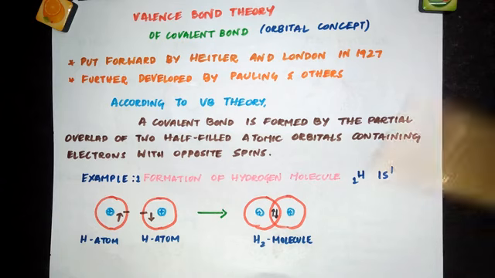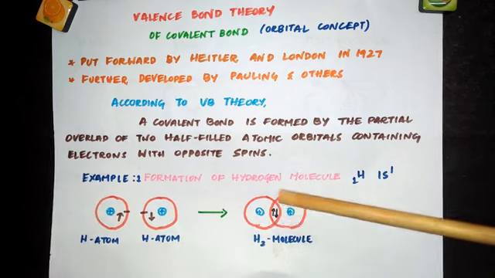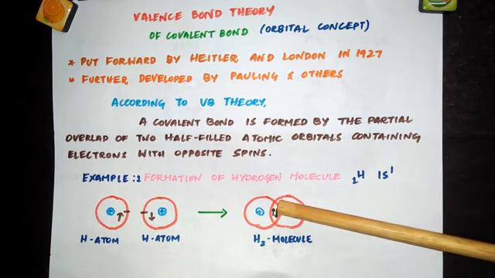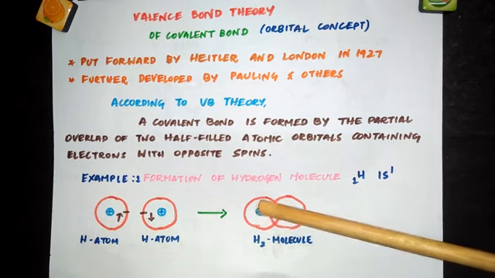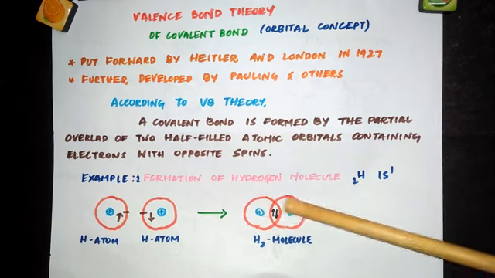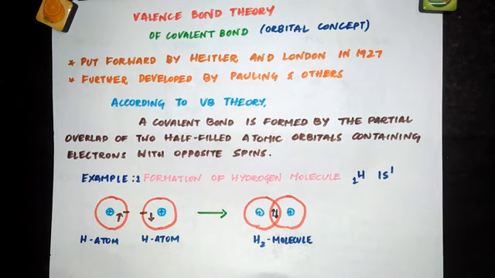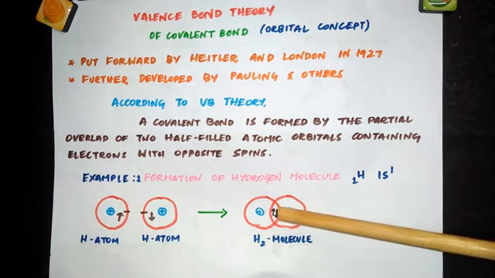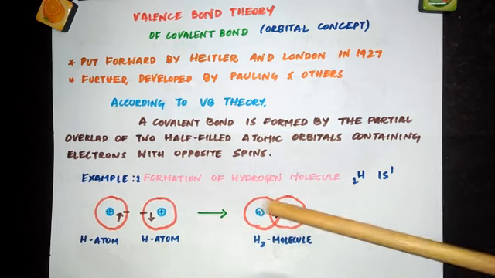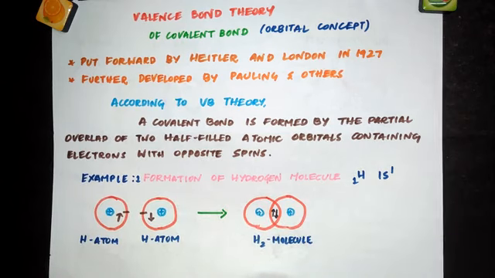So inside the molecule, where is the probability of finding the electron more? In this common region. These two electrons, as they have opposite spins, are attracted to each other and are mostly present in this region, thereby forming a bond between these two atoms. This bond is a covalent bond.